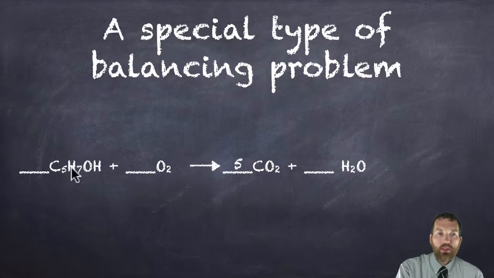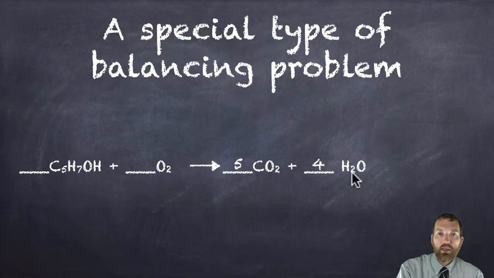So the hydrogens, I have 7 hydrogens on the left and 7 plus 1, that's 8 hydrogens. So 8 hydrogens on the left, and I have 2 on the right. So if I put a 4 here, now that's 4 times 2, 8 hydrogens.